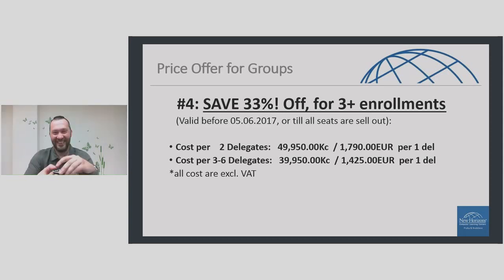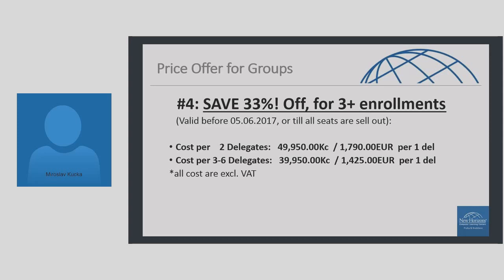And the last one: we are providing a discount for groups. If your organization is able to enroll three or more people, you can earn a 33% discount. So I think those are four benefits above the standard benefits.